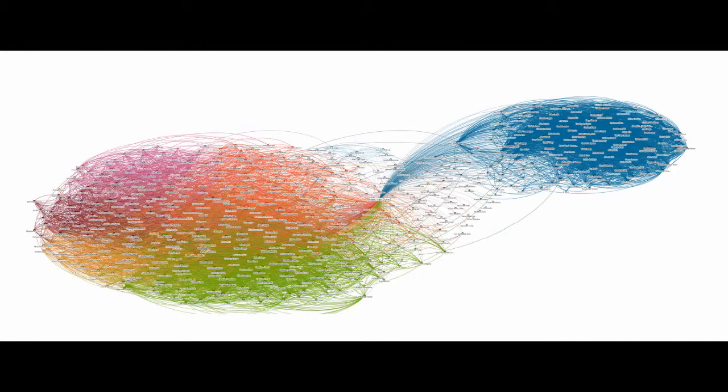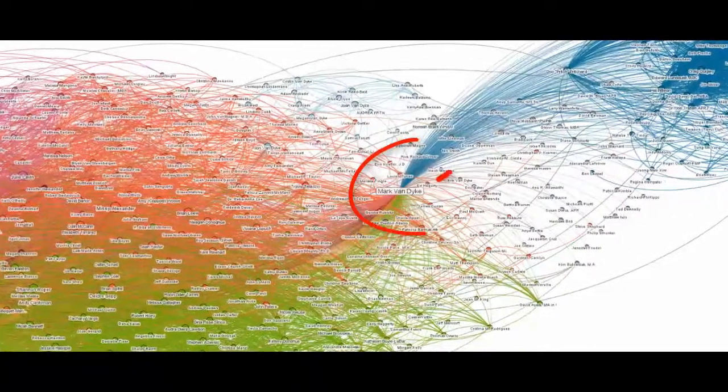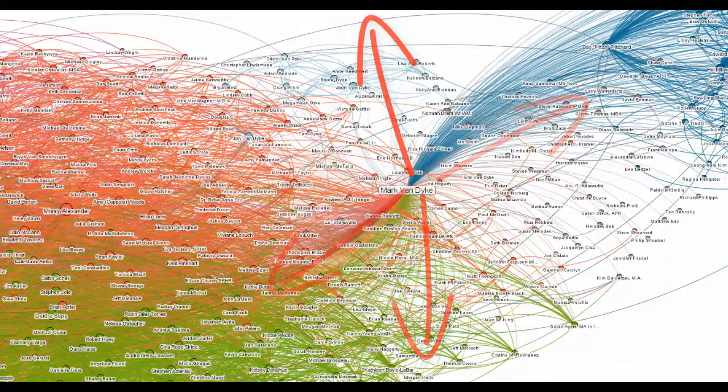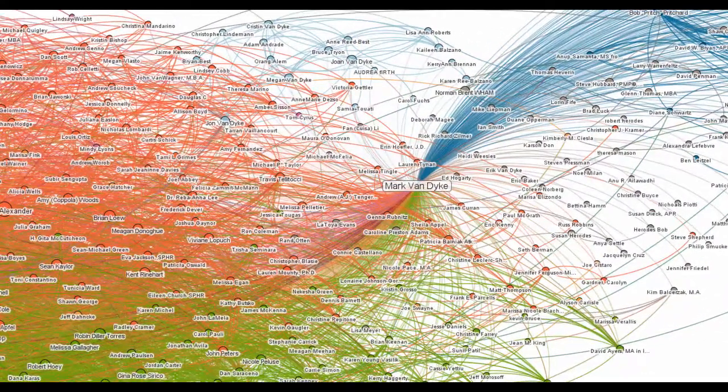First of all, if you zero in on this particular map of mine, you'll see that all these little dots and what look like strings of yarn going from dot to dot are actually people within my network. You can see some of these dots are much bigger than others.